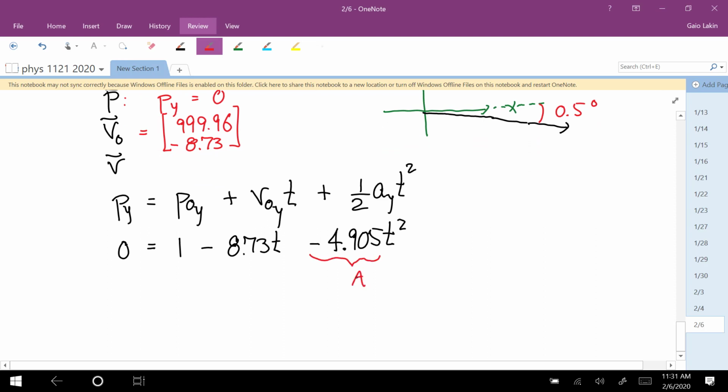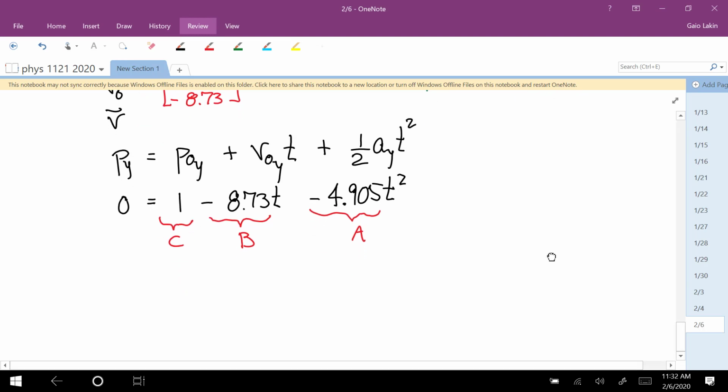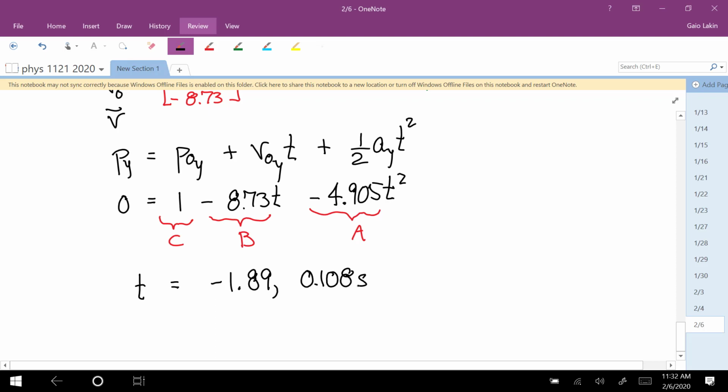So here's your A, here's your B and C. Can someone calculate this and tell me what the answers are? So for t, we're going to get 2 roots for this. I got negative 1.89 and 0.108. Okay. We don't want negative times, so it's this one.